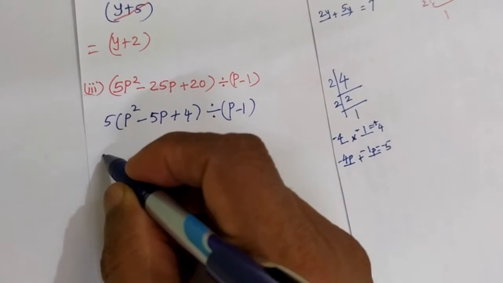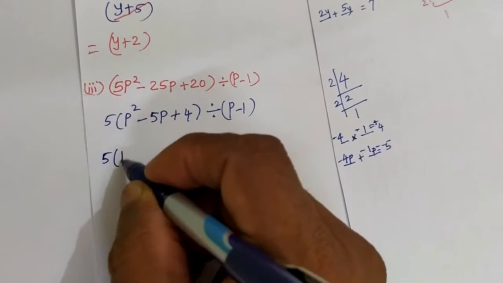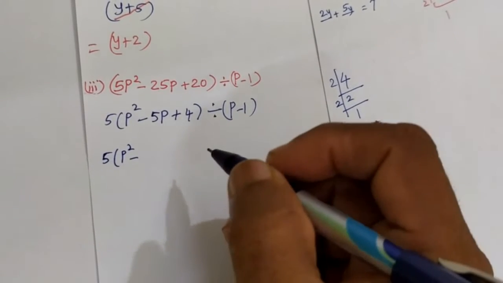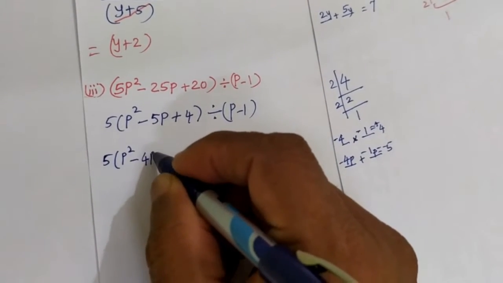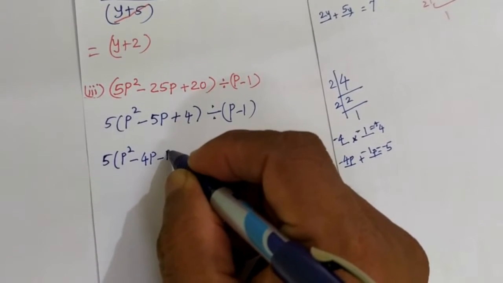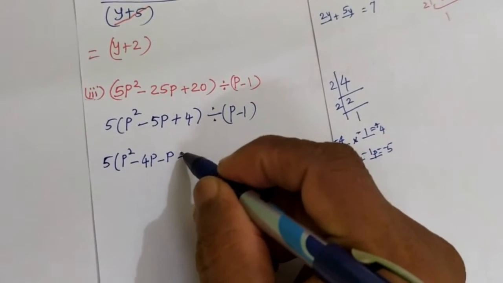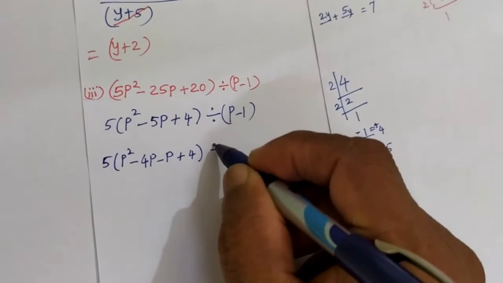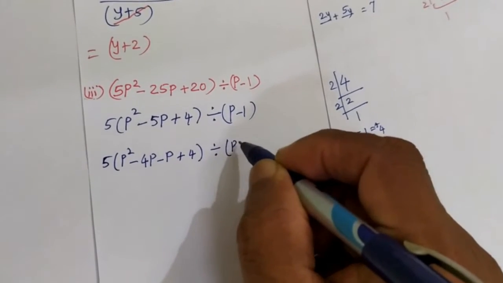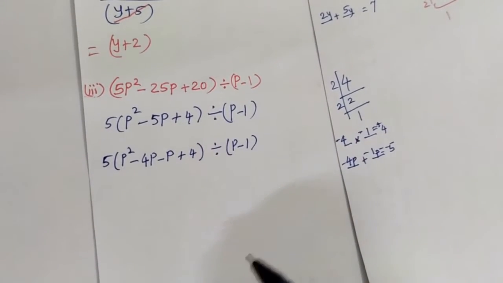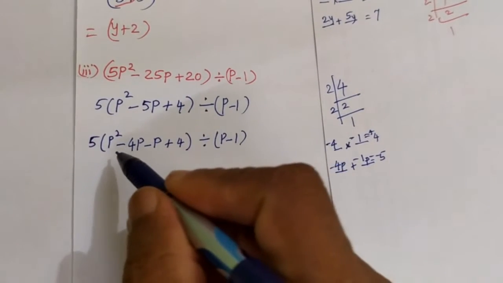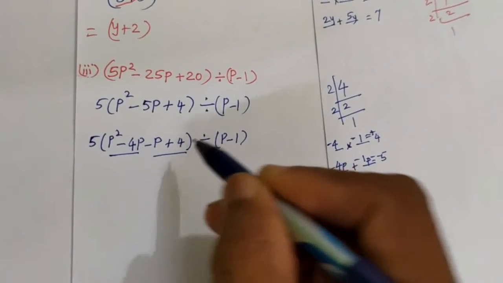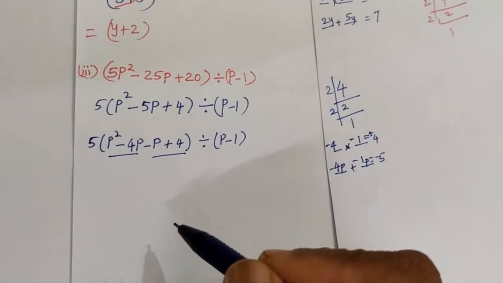So this is 5 into p square minus 4p minus p. We don't write 1p. Plus 4, divided by p minus 1. So what is common between these two, and what is common between these two?